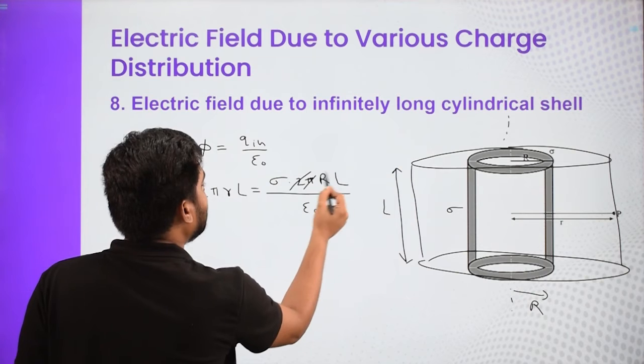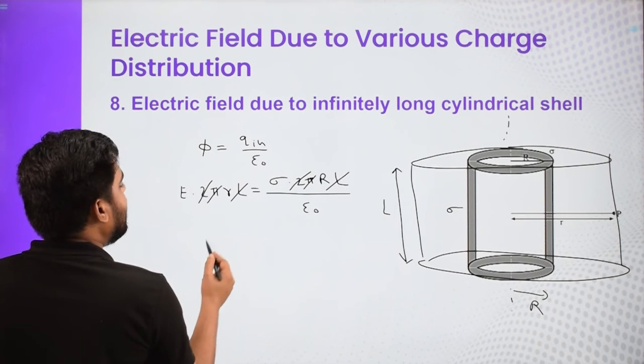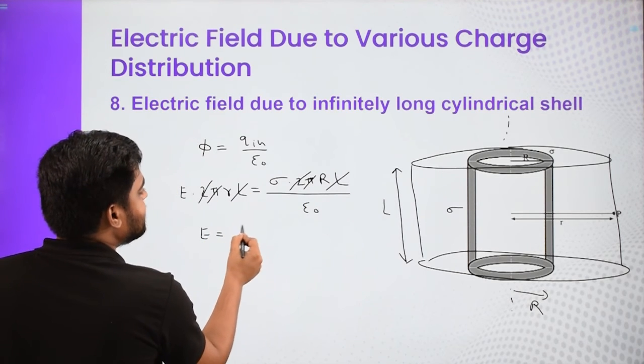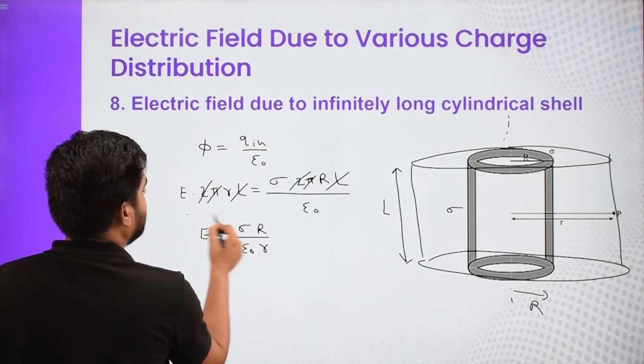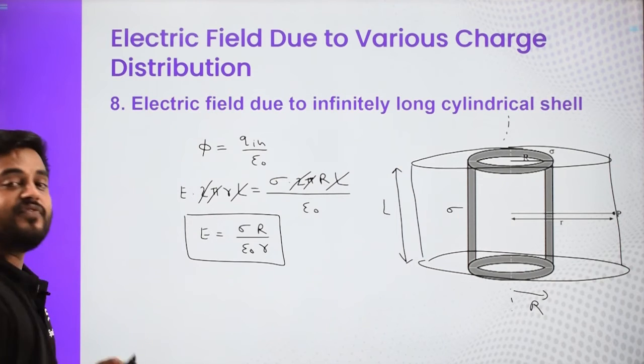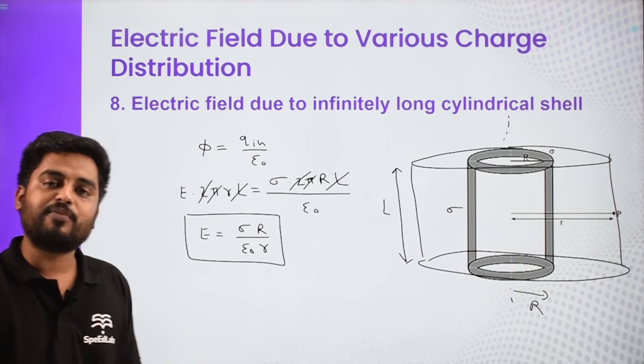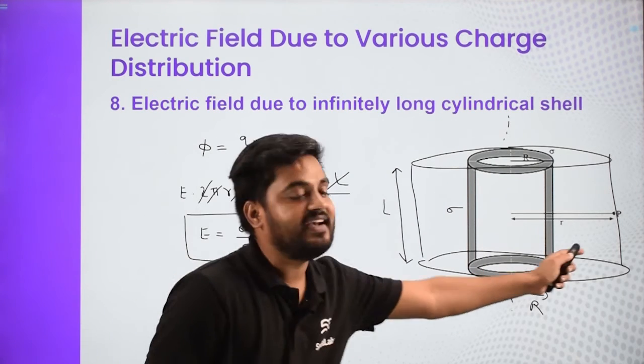Here 2 pi and L cancel out, and hence E is equal to sigma R by epsilon naught small r. So this is our formula for the electric field at a point lying outside the cylindrical shell.